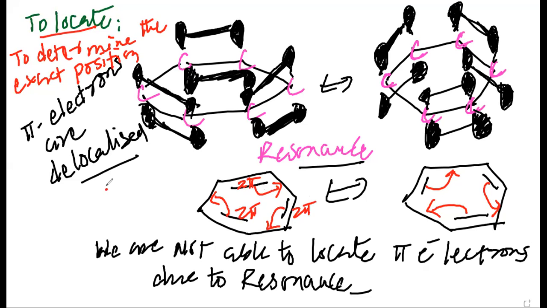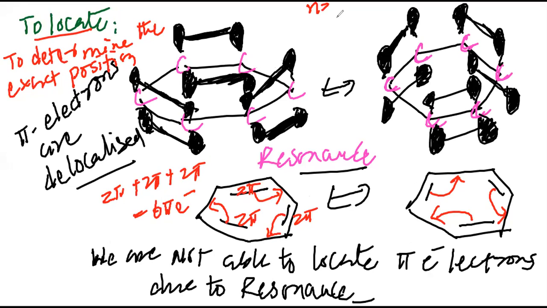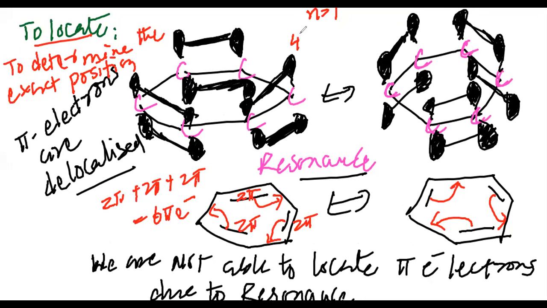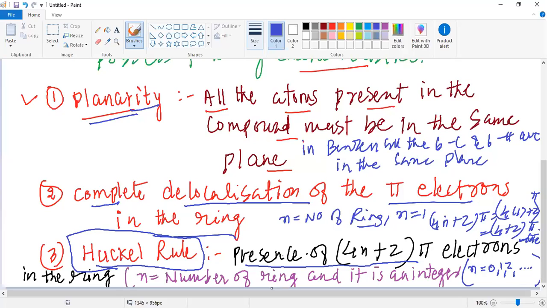Thus total 2 plus 2 plus 2 is equal to 6 pi electrons. So in benzene, n is equal to 1, and that is why 4n plus 2 gives us 6 pi electrons, and thus benzene follows all these characteristics, and that is why we can say that benzene is a benzenoid or an aromatic compound.